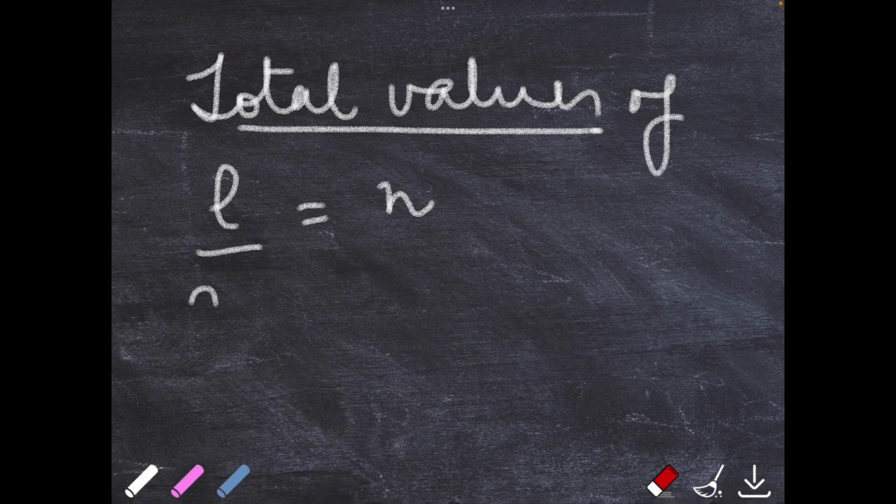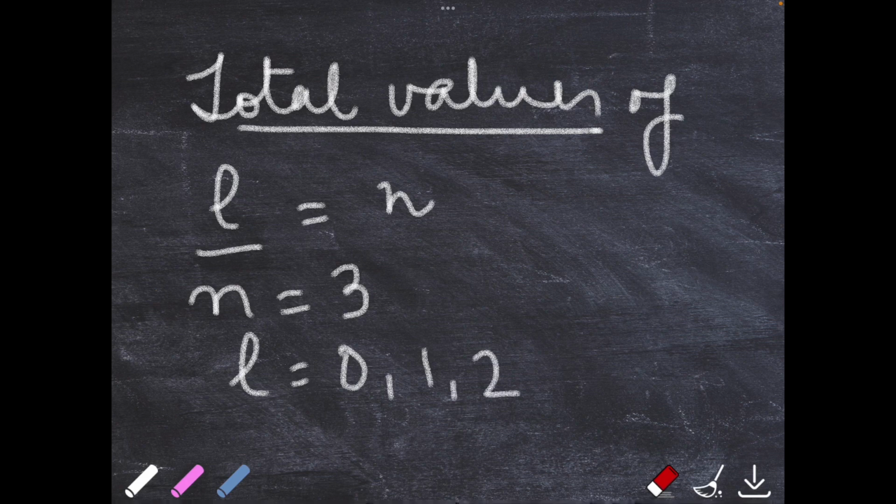Let's take an example. n is equal to 3. l will be equal to 0, 1 and 2. How many total values does it have? 0, 1 and 2, that is a total of 3 values. And what is the value of n? 3. So if n is 3, then the total values will be 3.